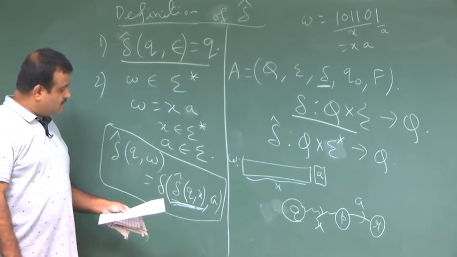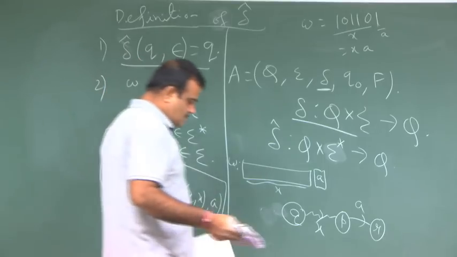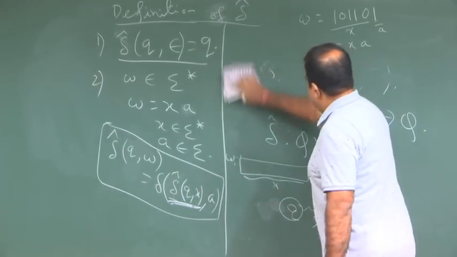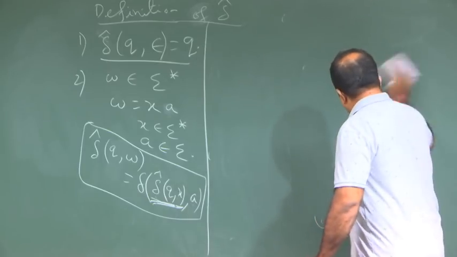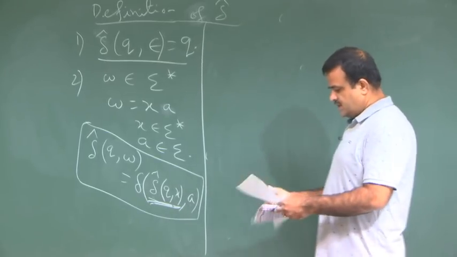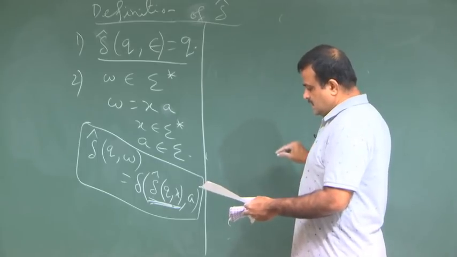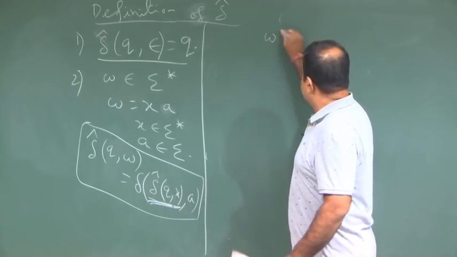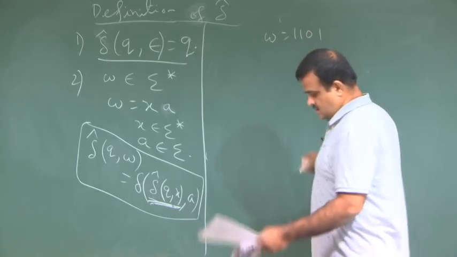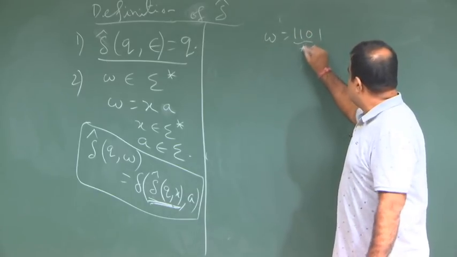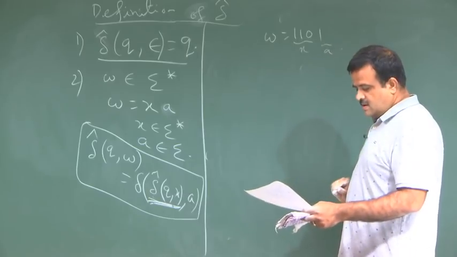Okay. So, we take one example. Say W is 1101. Now, we take this as x and this as A. Okay.